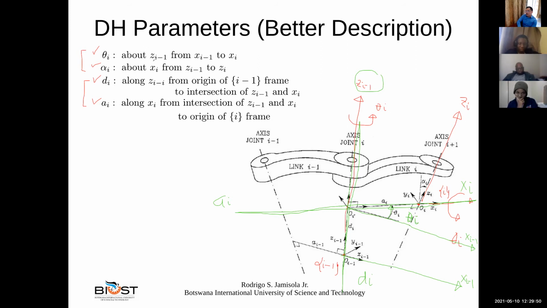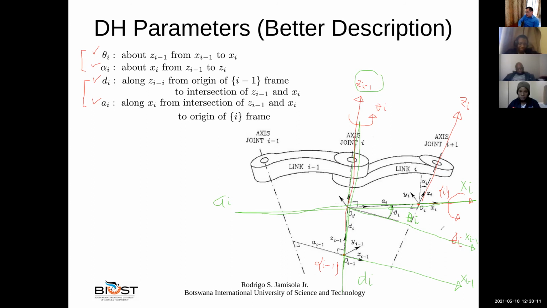About zi minus 1 from xi minus 1. This is your xi minus 1 axis, and this is your zi minus 1. Then you sweep towards xi, from xi minus 1 to xi.